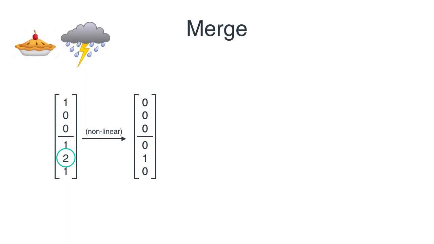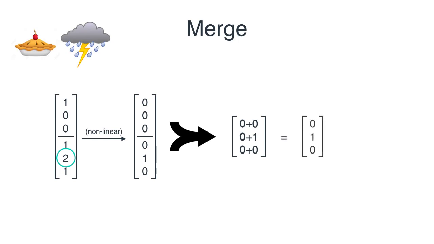But that's not important right now. And then what the merge map does is it takes the vector formed by the top 3 entries and the vector formed by the bottom 3 entries and just adds them. And we get the result, which is a vector 0, 1, 0, and that is the vector corresponding to a burger. And that's the answer, because if I take an apple pie and a rainy day, I get a burger.